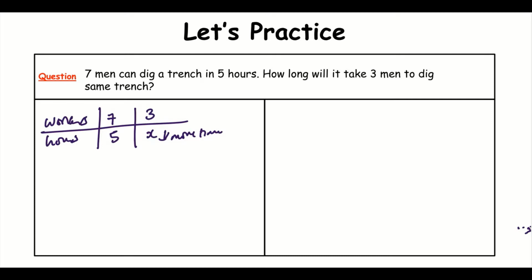You realize that we have a sort of inverse variation in terms of this decreases but this increases. Seen that? So when the number of workers decreases, the time is going to increase. So we realize that this is inverse variation.